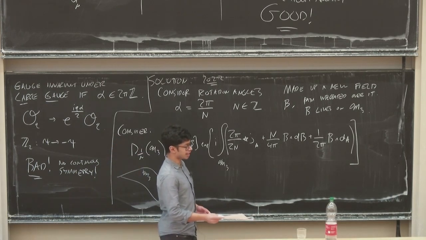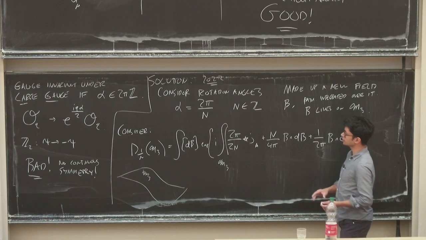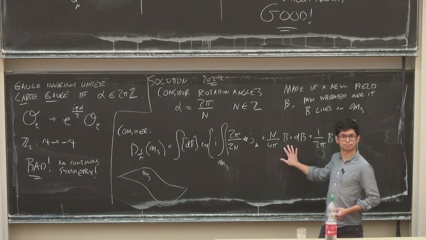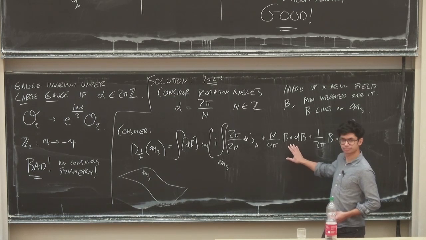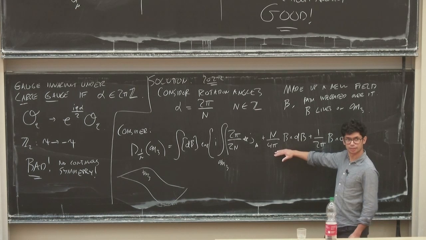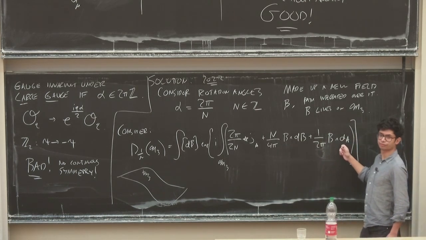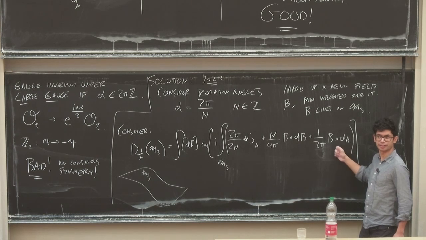Now let's stare at this action for a second. It's a Chern-Simons action for B, of the sort that we've discussed earlier, B wedge dB. So this is a topological field theory action. I've also coupled B to my dynamical photon field, to this B wedge dA thing.